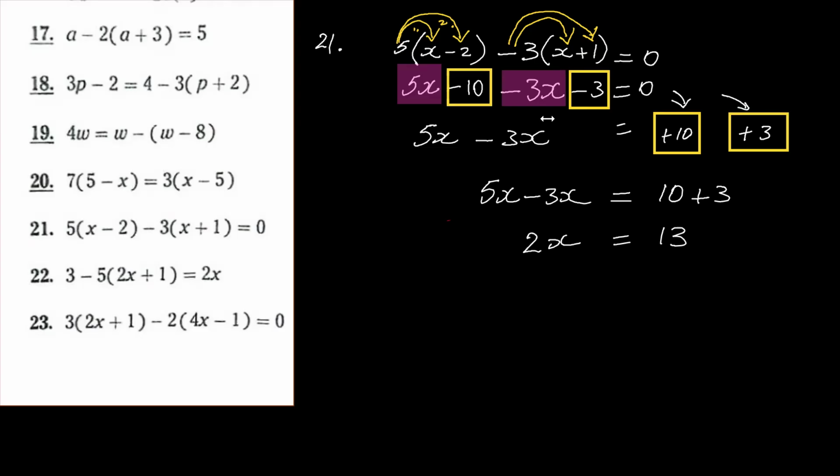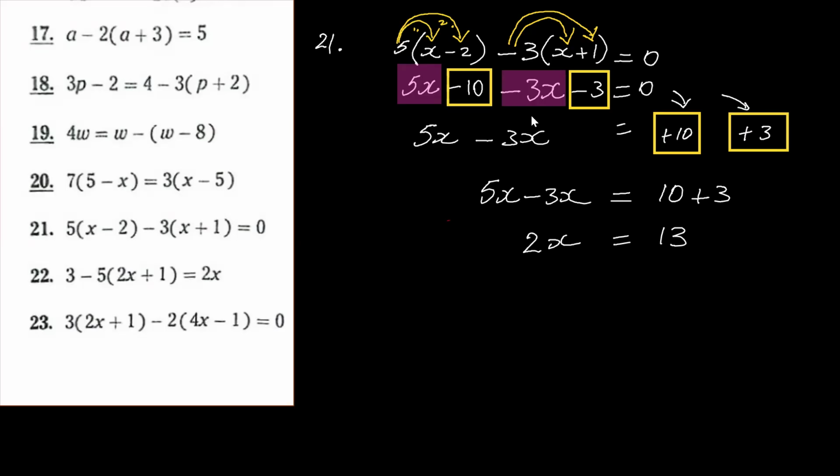All right, so now we have to divide by what? Shakira, you're observing, but what are we going to divide by? Divided by 2. What is the number in front of the x? 2. So you're dividing by what, Shakira? 2.